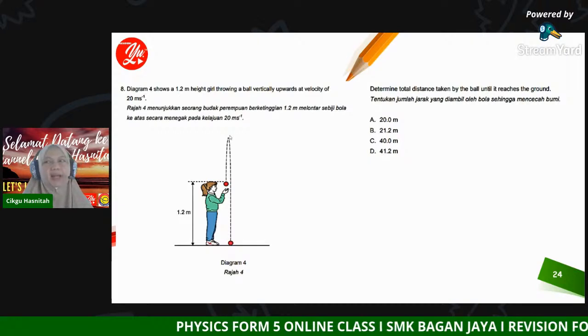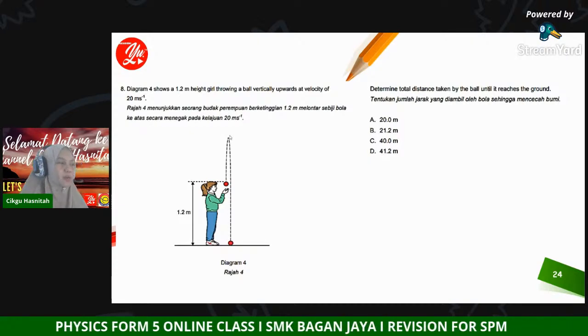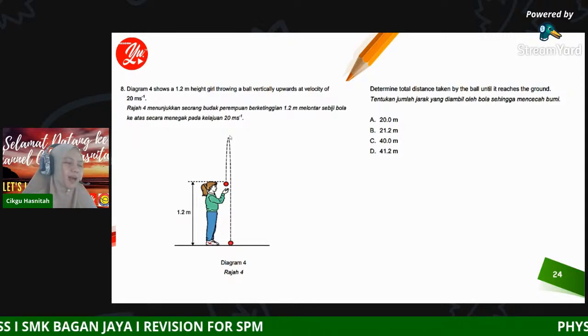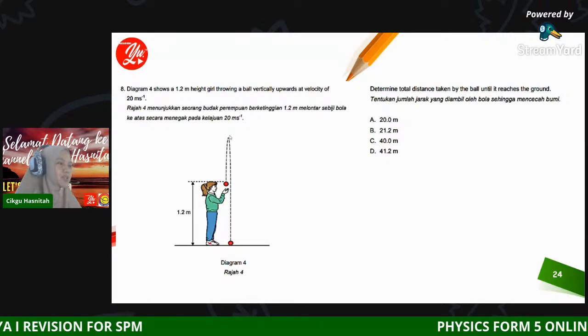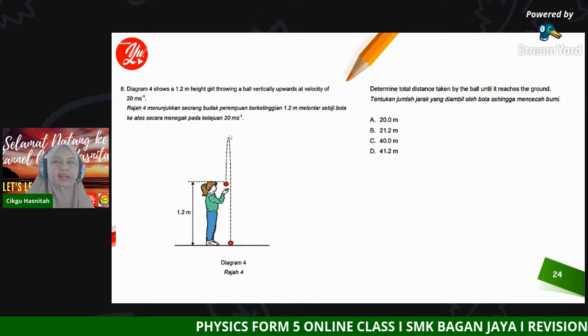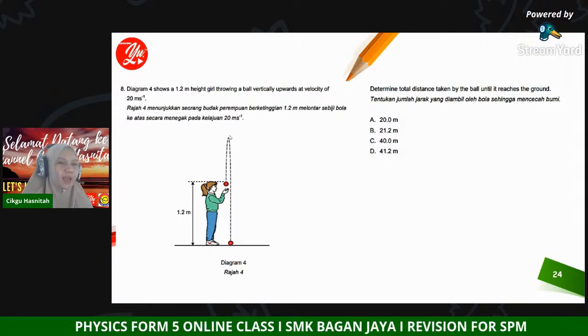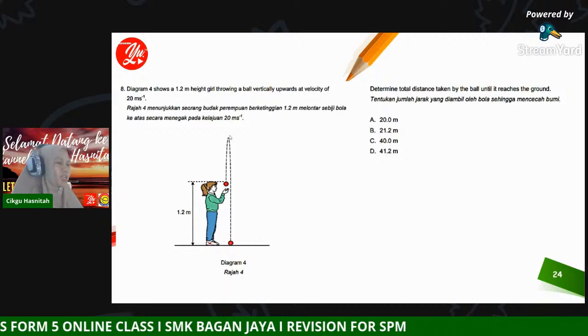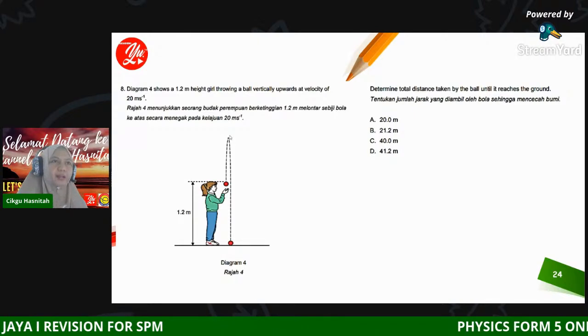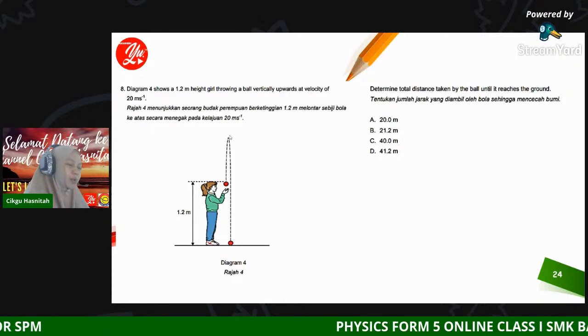You can apply S equal to UT plus half AT squared. A is G, gravitational acceleration.